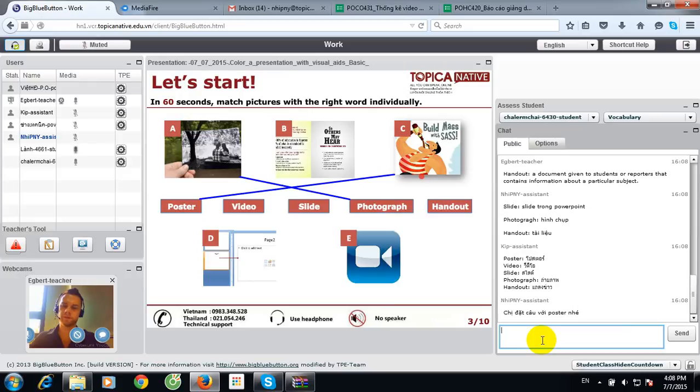Poster is very important to attract consumer. Excellent. Very good. I like that. Nicely said. Okay, and then Chalemchai, can you match another picture with a word?